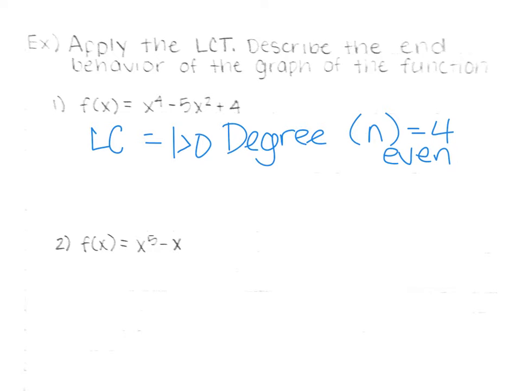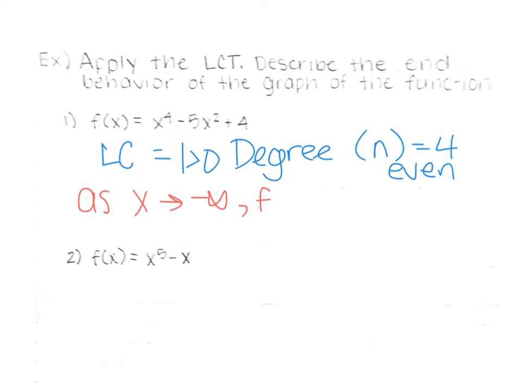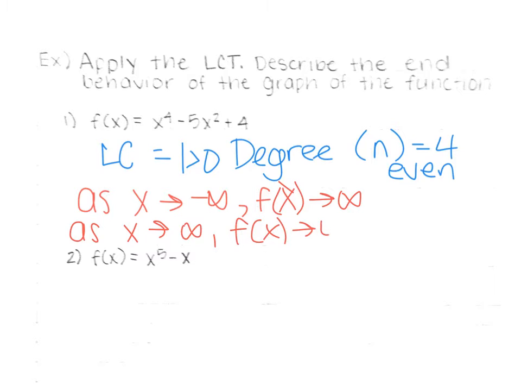You're going to go down to where you had your part 2, so when n is even, and your first example where a was greater than 0, because 1 is greater than 0. And then we can describe the end behavior of this function. As x approaches negative infinity, f of x is approaching positive infinity. And as x approaches positive infinity, f of x is also approaching positive infinity.